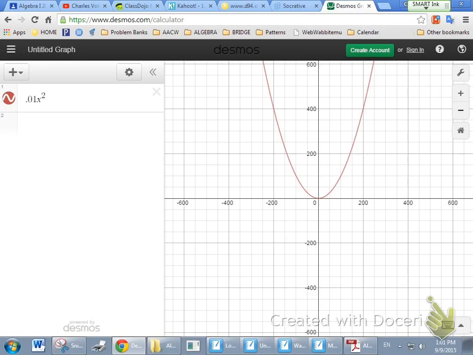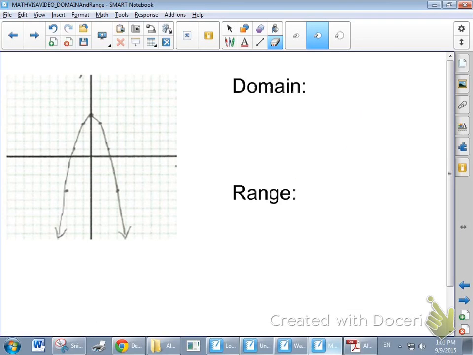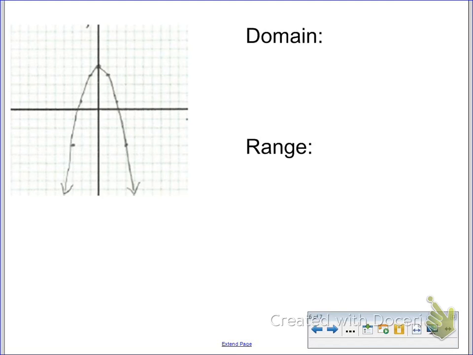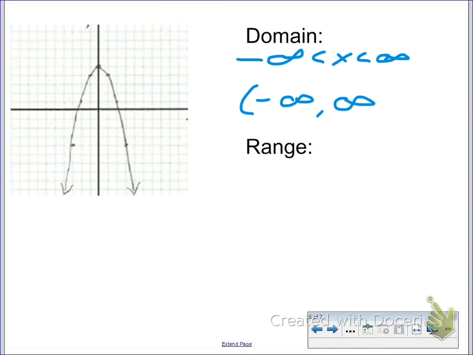They'll keep pushing to the left pretty far, and it'll also push really far to the right. So we realize here that our domain would be negative infinity to positive infinity. In interval notation, that looks like this, with open brackets because I cannot equal those endpoints.